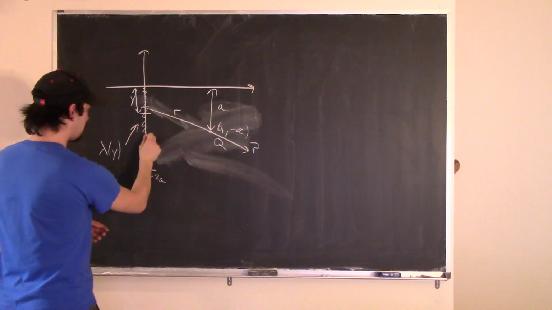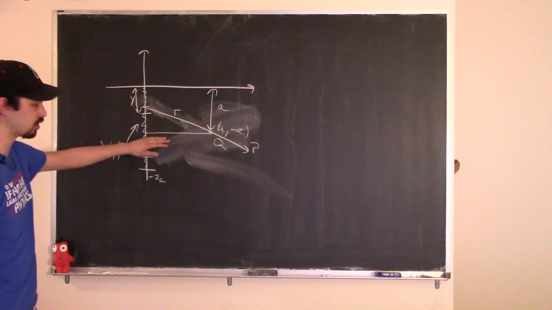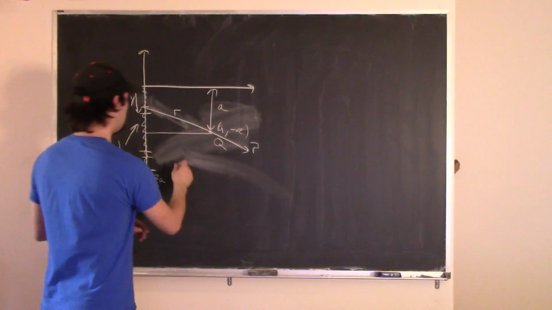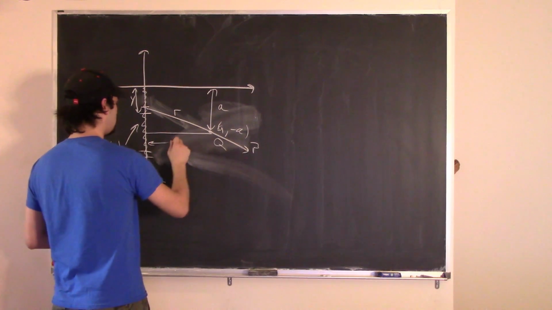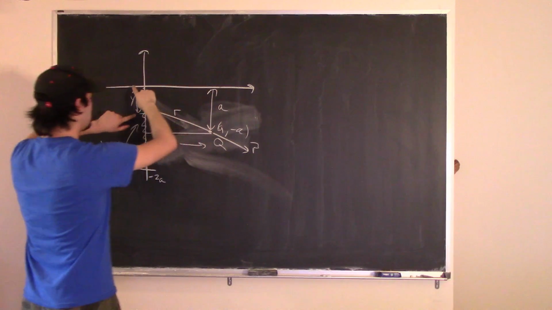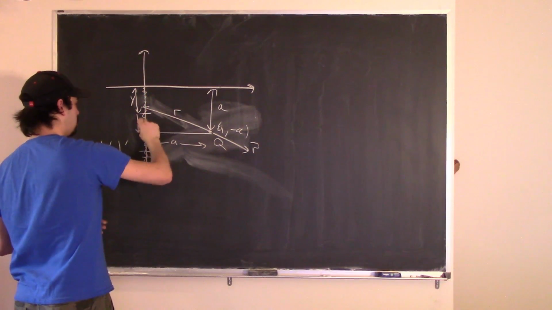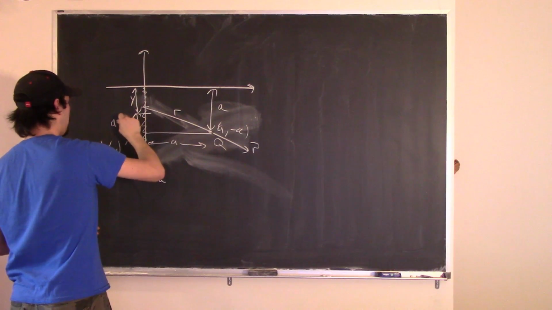And so we can fill in a triangle here by drawing this horizontal line. This distance here is also a. Since this distance is a and this distance is y, this distance here is going to be a minus y.